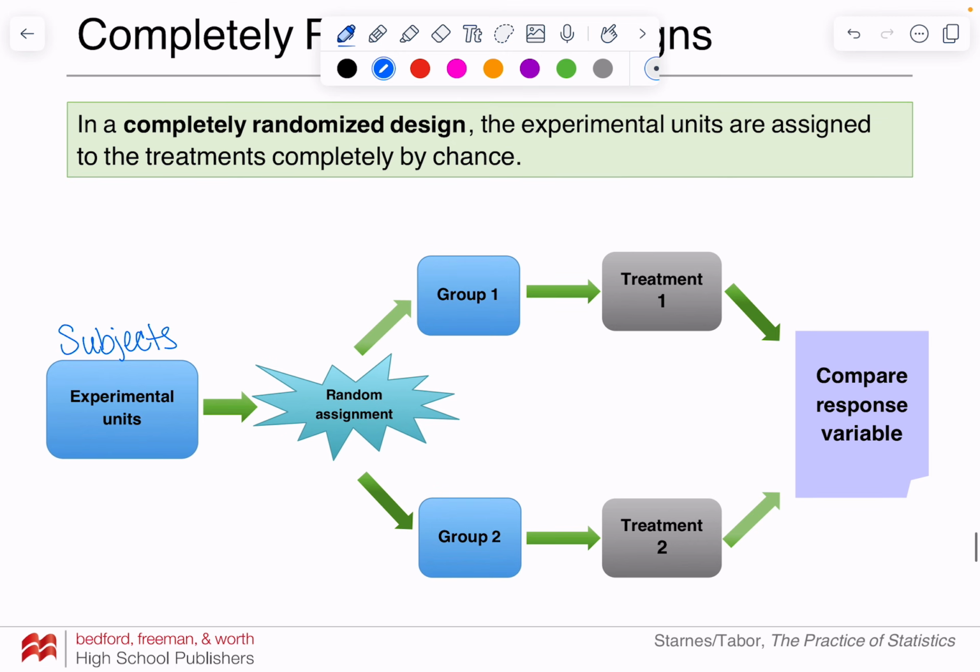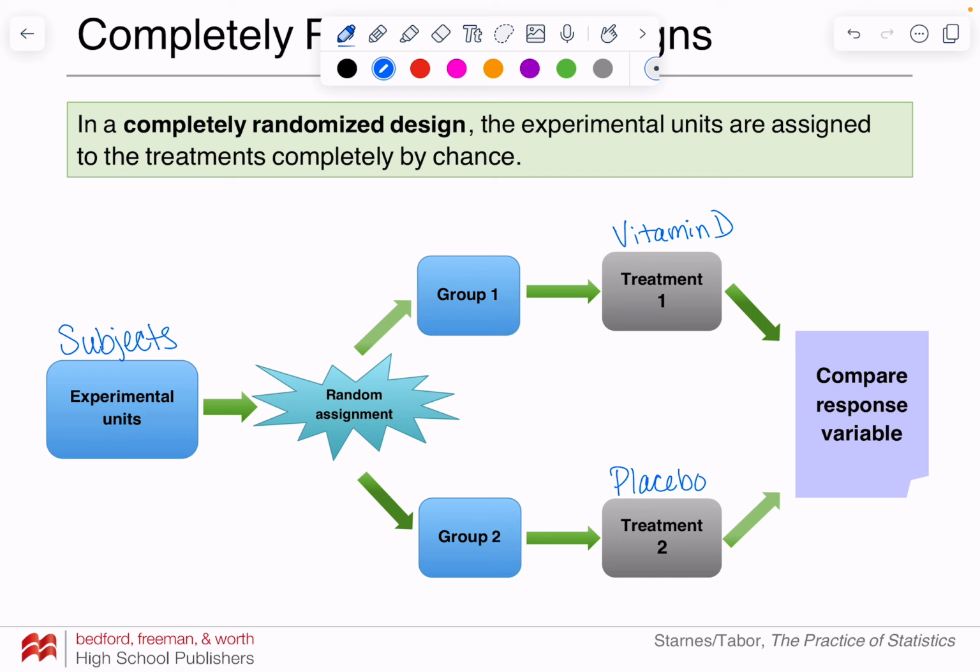So let's say this is that vitamin D and diabetes thing again. We randomly assign them to group 1, and we give them the vitamin D. And the people who got randomly assigned to group 2, we're going to give them the placebo.